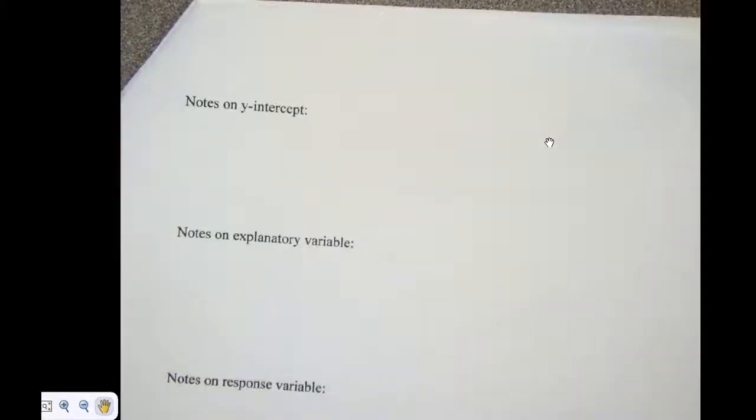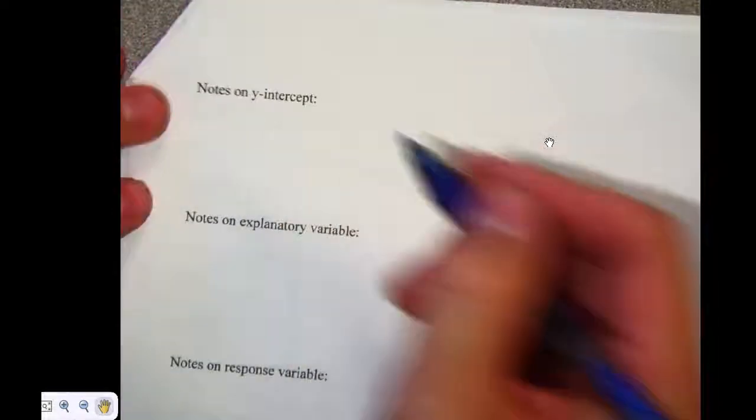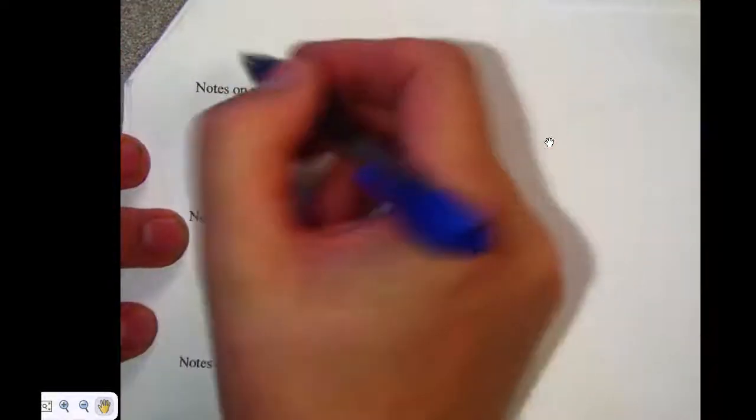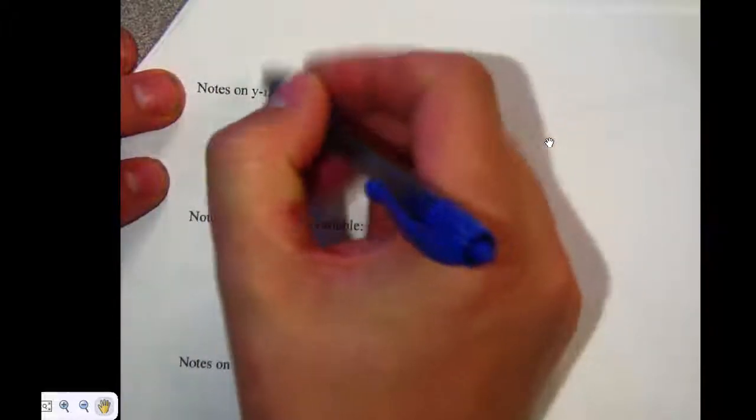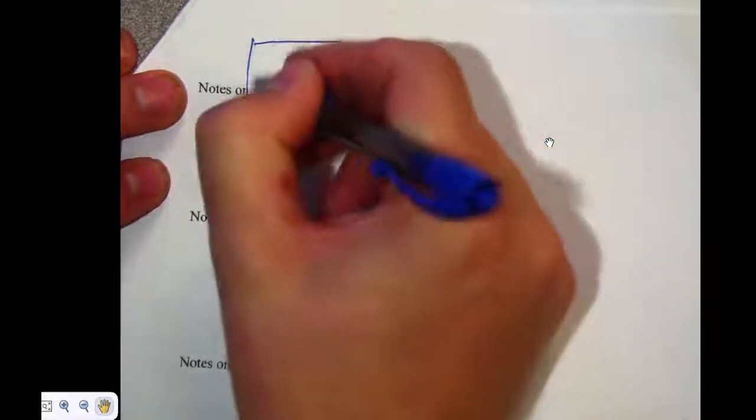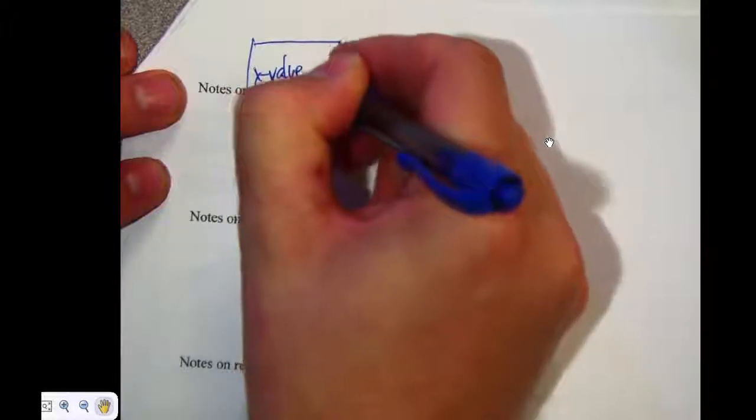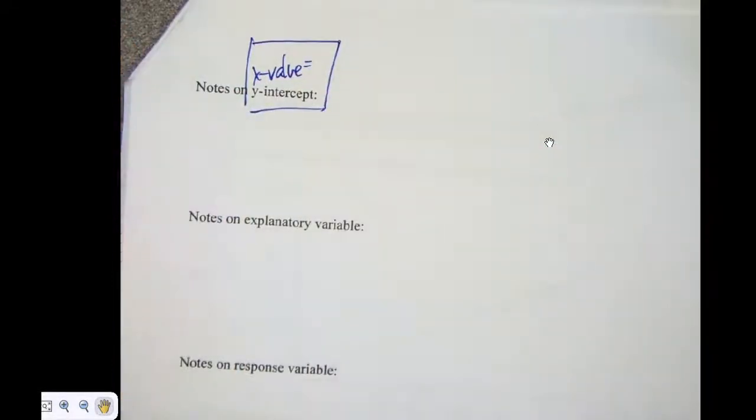Alright, go to notes on y-intercepts. Turn the page. Any point on the y-axis, the y-intercept, like if you were in advanced algebra or algebra 1 and I said find the y-intercepts, you would plug in 0 for x.